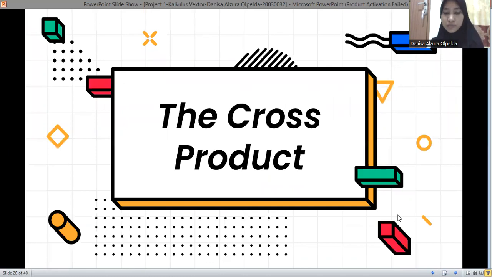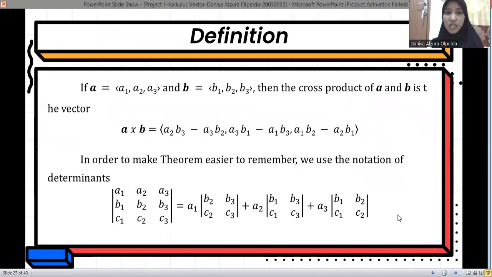The cross product. The next material is about the cross product. Definition: if A is equal to (a1, a2, a3) and B is equal to (b1, b2, b3), then the cross product of A and B is the vector A cross B equal to (a2b3 - a3b2, a3b1 - a1b3, a1b2 - a2b1).